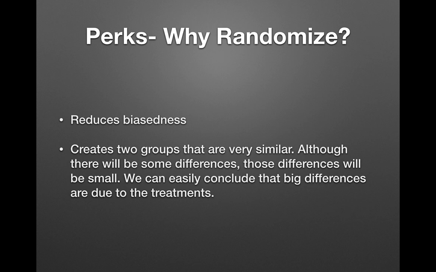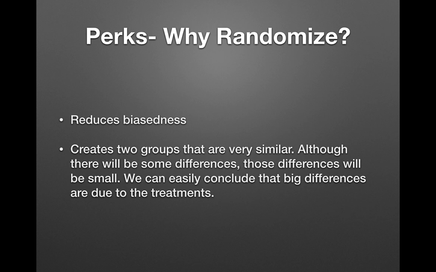Now, here's some perks. Why randomize? Well, I've already said it reduces the bias, but further, it creates two groups that are very similar. So we don't live in a perfect world. When you create different groups, there is no way that you're going to create exactly two groups that are similar in every single aspect and really be able to compare them without a shadow of a doubt.